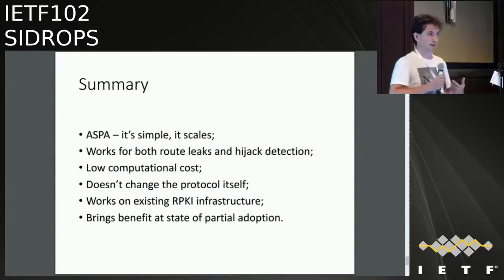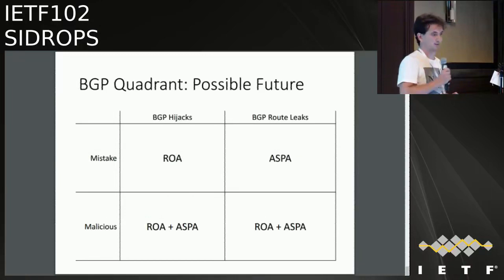We are not bringing any new messages, new signing inside the BGP protocol itself. It has a low computational cost, and with ROAs and ASPA together can provide a full solution for malicious activity in BGP. And maybe one day we will wake up in a next beautiful world. So thank you for listening. Questions, please.